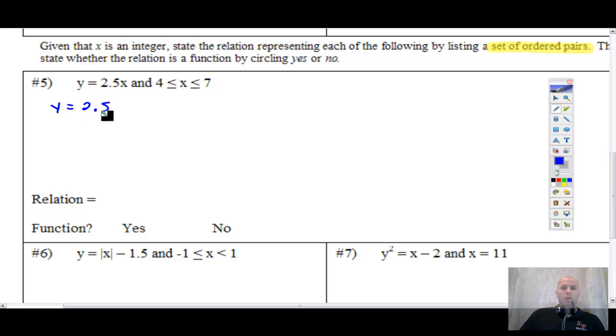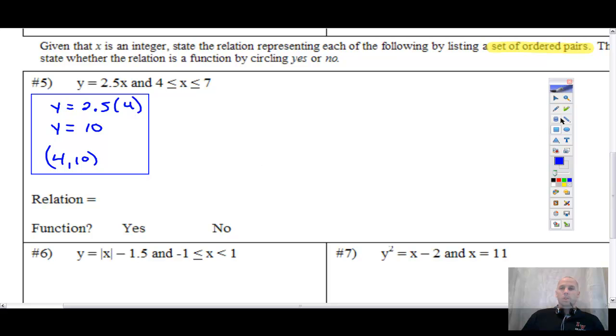So if I put 4 in, making sure I substitute with parentheses, 2 times 4 is 8, half of 4 is 2, 8 and 2 is 10. So that gives me 4, 10 as one ordered pair.